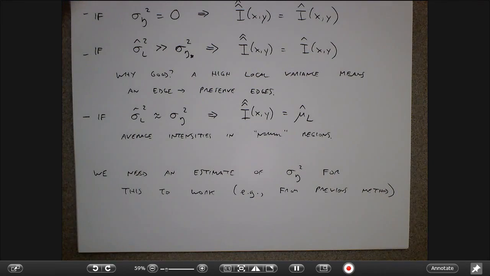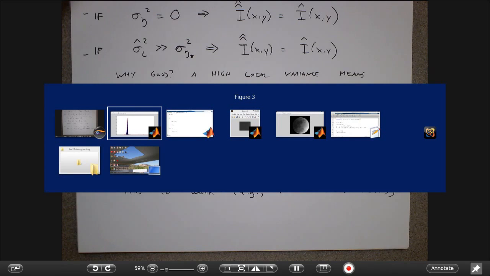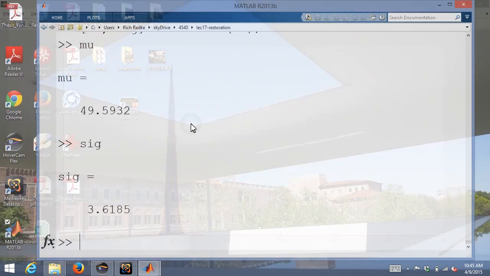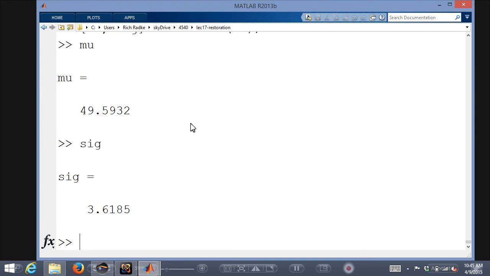So for example, in my moon example, I just got this estimate of the variance, so sigma squared is about 13. Now I can use this number to say, if the local variance inside a block is around 13, keep things the way they are. If it's much greater than 13, take the average.